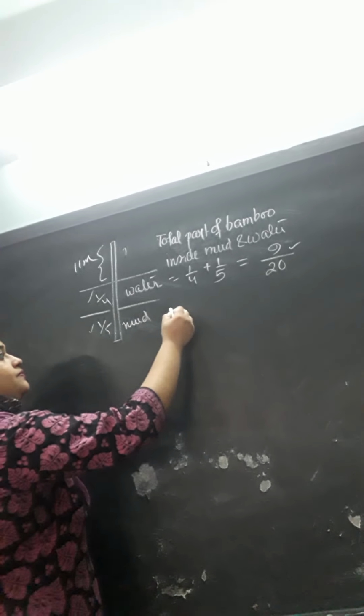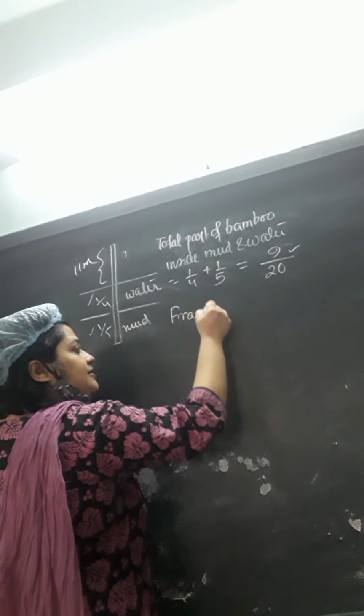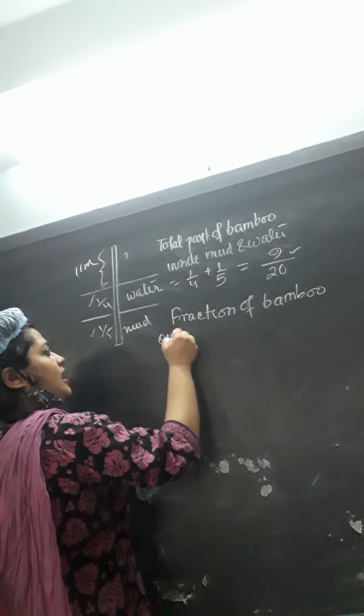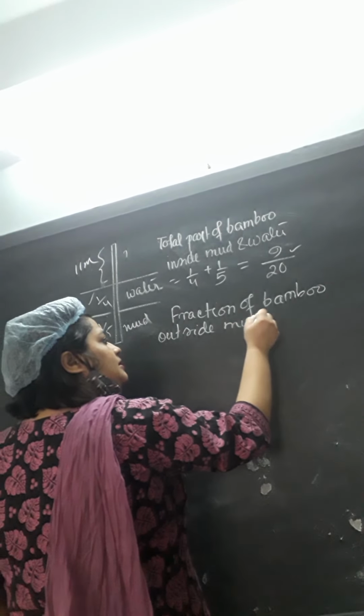So what we will do? We will find the fraction. Here the original measurement of stick outside mud and water is given, but the fraction is not mentioned. So how will I find out the fraction of bamboo outside mud and water?